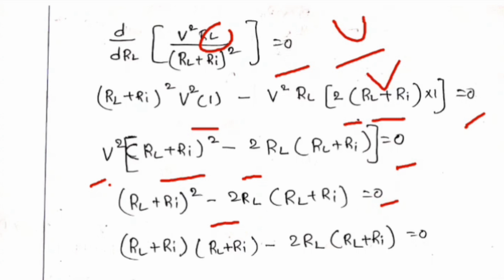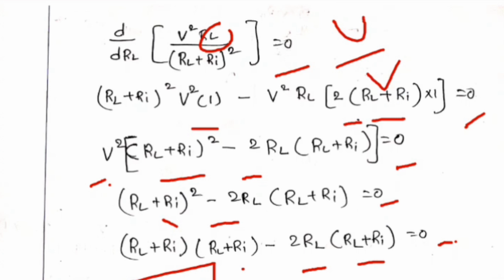We can write (RL plus RI) into (RL plus RI) minus 2RL (RL plus RI) equal to 0. From that we can write (RL plus RI) into (RL plus RI minus 2RL) equal to 0. We are making (RL plus RI) common. If you made common, then we can write RL plus RI minus 2RL equal to 0.